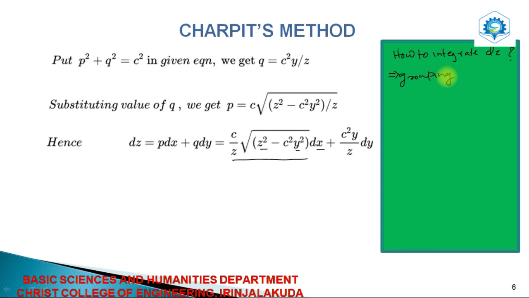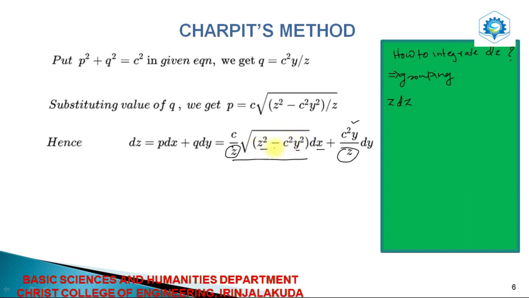Now let us group this term together. First of all, let us take this z to the left side. We have z common in the right side. Here we have z, here also we have z. So we will take that z to the left side. What we get? z dz on the left side, and also we will take this c square term, because in this root term, we have z square as well as y.